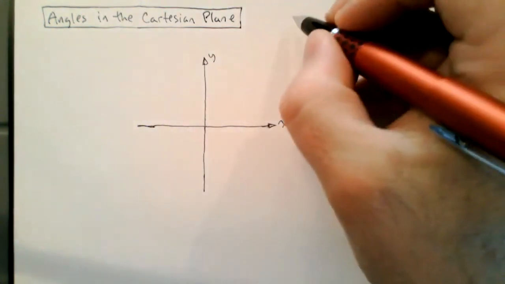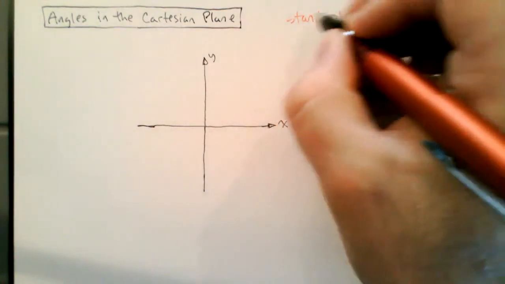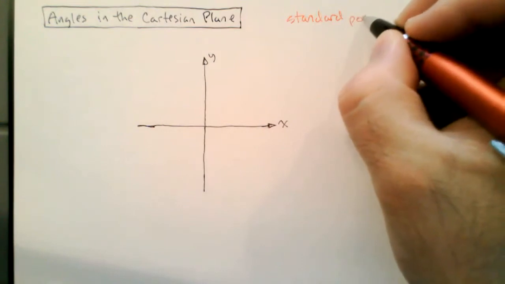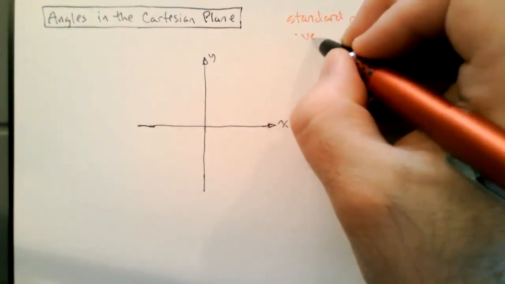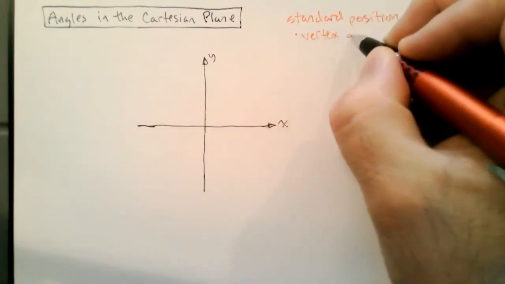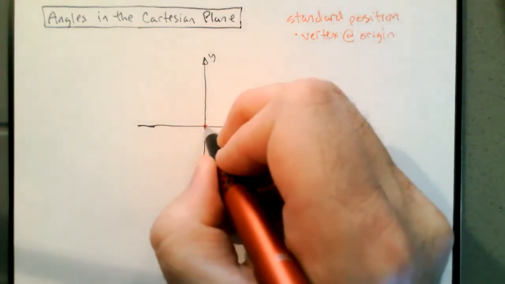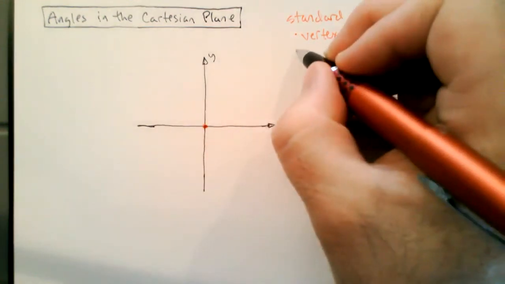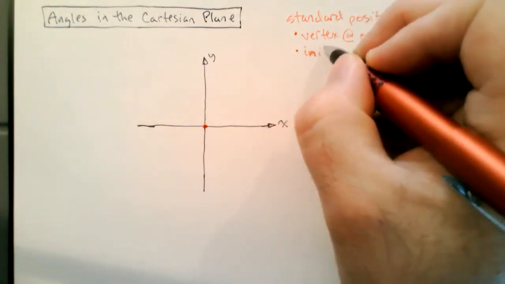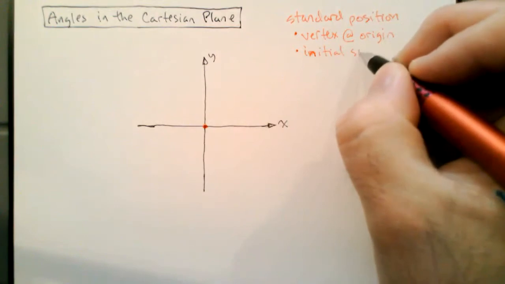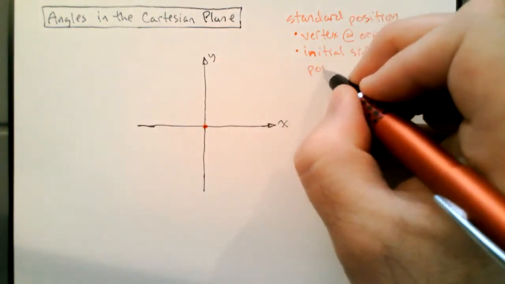So, standard position: the vertex is at the origin, and the initial side is on the positive x-axis.